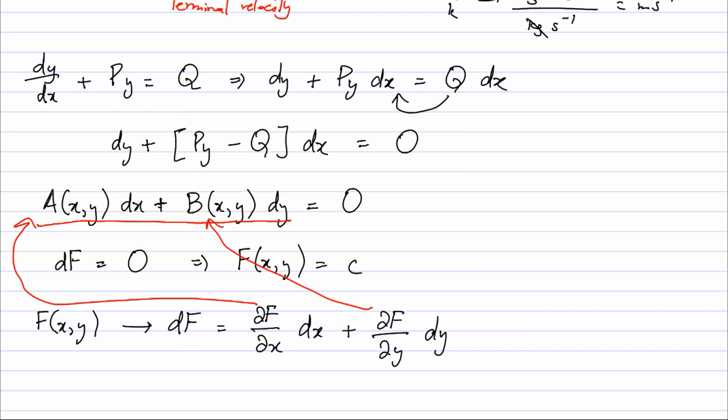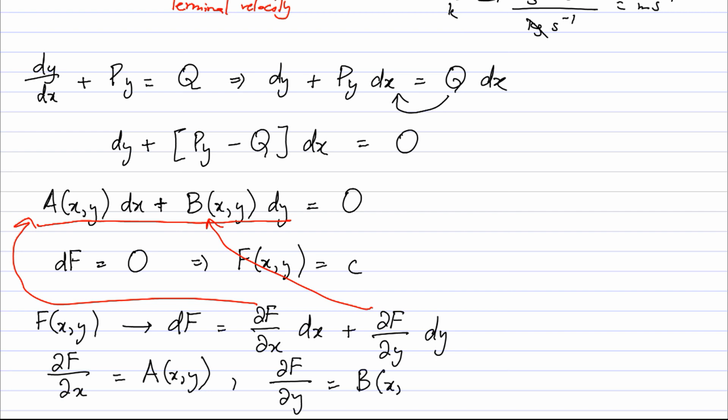So what you can then write is that if this is true, then you can write down the partial of F with respect to x equals a, and the partial of F with respect to y equals b. Now I can differentiate the first equation on both sides with respect to y, and the second equation on both sides with respect to x. What do I get then?